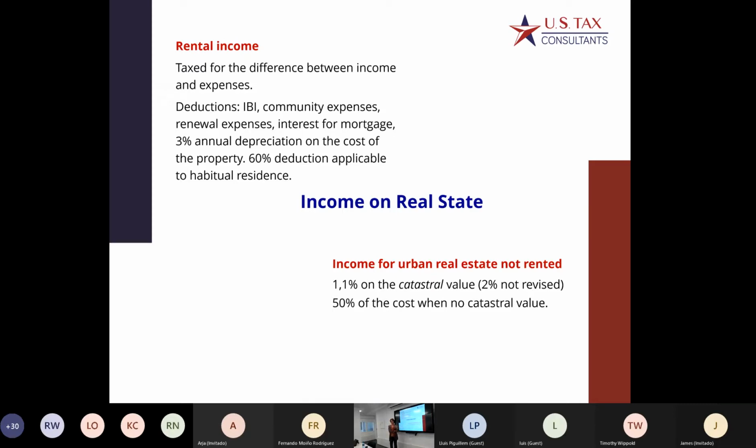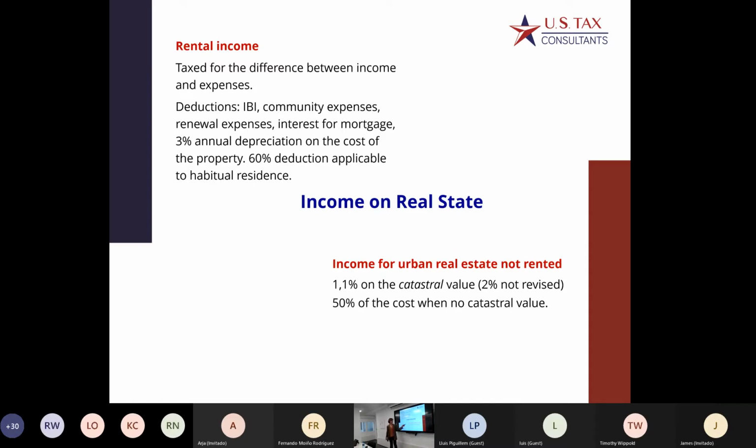Even if there is no rent for that property, the tax administration considers that you don't have a rent because you don't want to, so you have to include the value as presumed rent, okay?